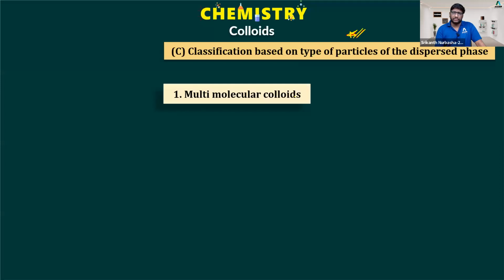Multimolecular colloids means there was a particular molecule which was lying in the crystalloid range only, but that molecule can form an aggregate which becomes a colloidal range particle. One molecule is in the crystalloid range only, but such molecules can form an aggregate and reach the colloidal range.